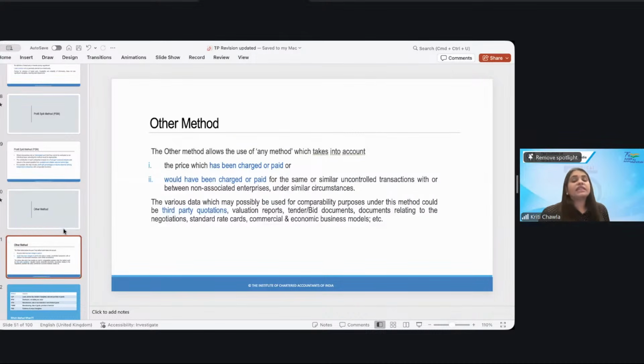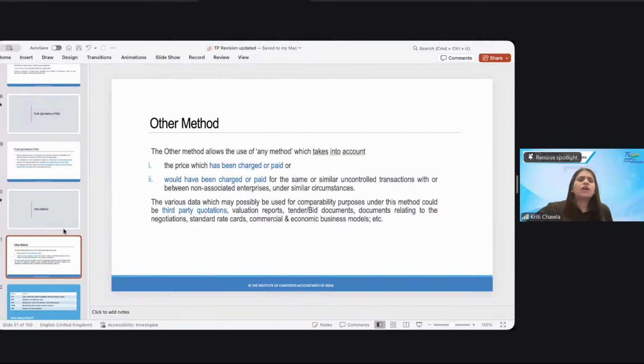Now, the data which may be used for comparability purposes for the other method can be third-party quotations, valuation reports, tender documents, bidding documents, documents relating to negotiation, standard rate cards, or commercial and economic business models. These can be used for the purposes of the other method.